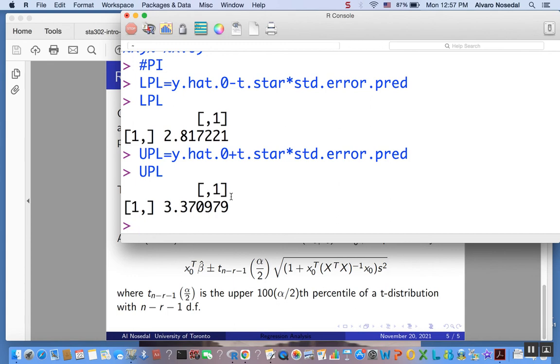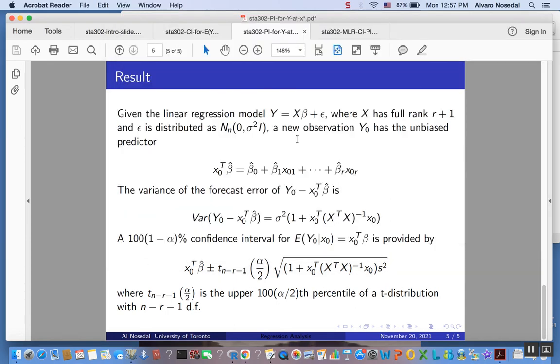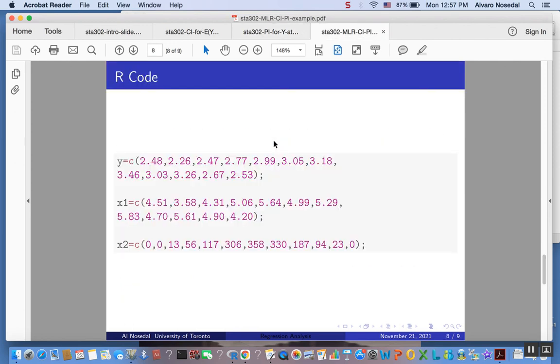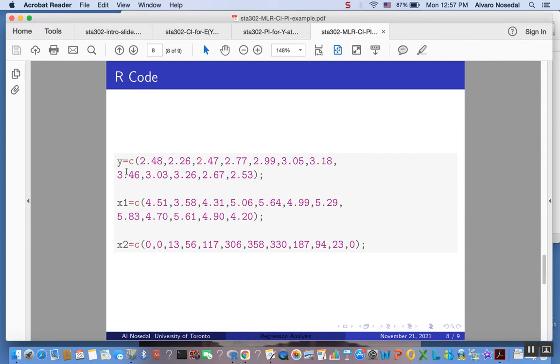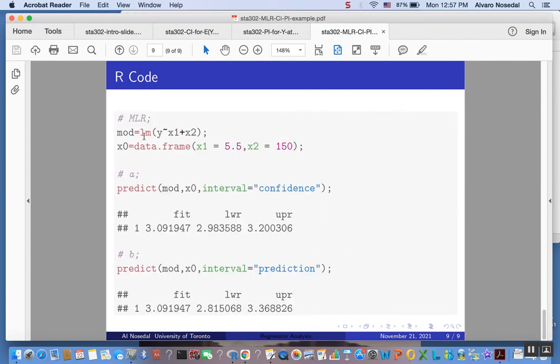Now it turns out that there's a nice and fast way of finding these. Let's do it. So we already have x1, x2, and y, right? So using lm, we are going to be fitting the linear model that we're interested in. And now we want to predict. In one case, we want to say something about the expected value at x0, but now x0 represents a combination of values for the predictors, so x0 is no longer a point, it's a vector, right?